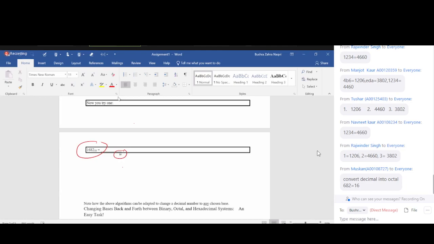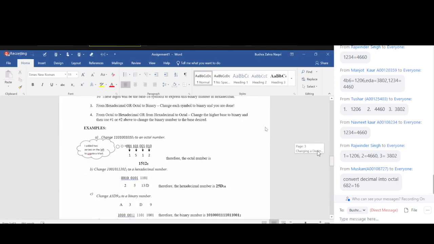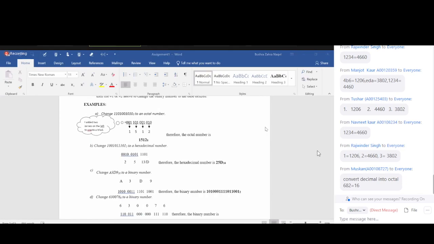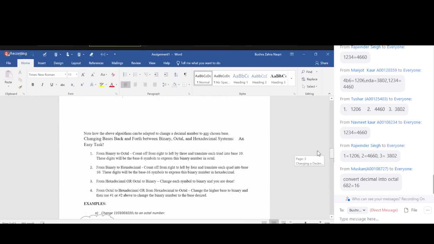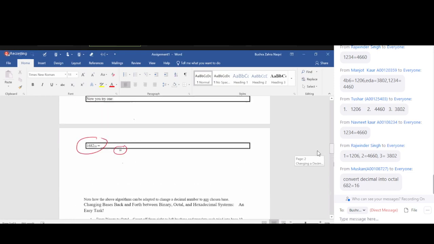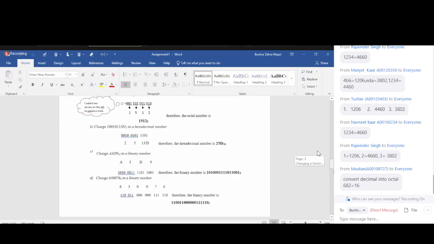All right, if you are good to go further, get this number. Just a little bit more examples for binary to base 8.